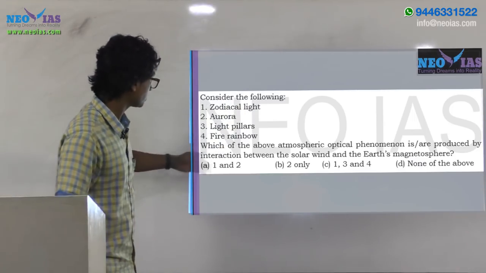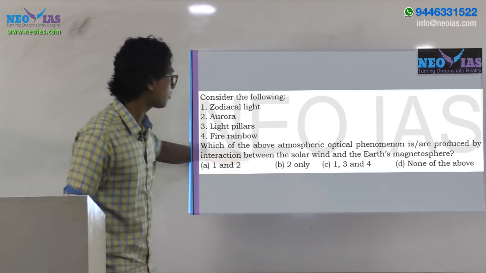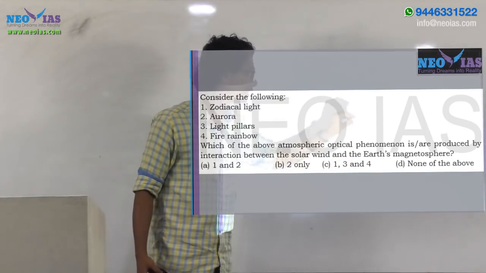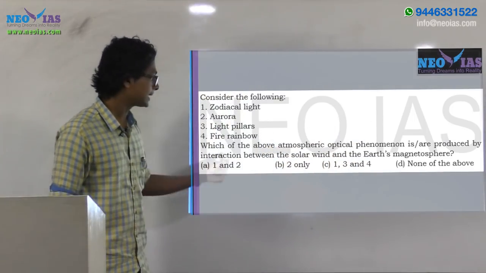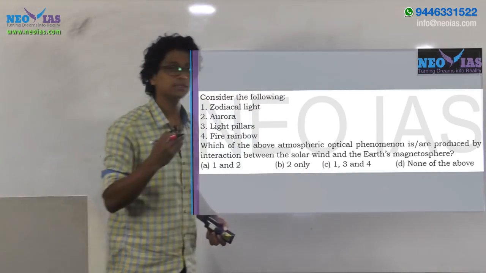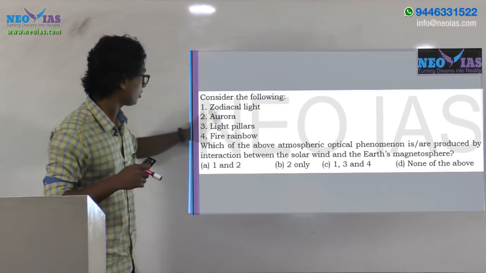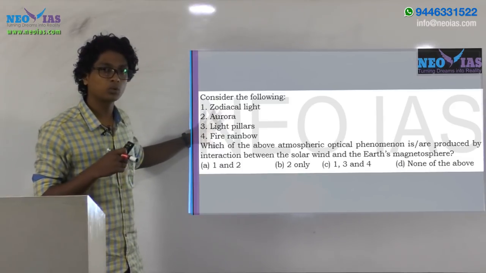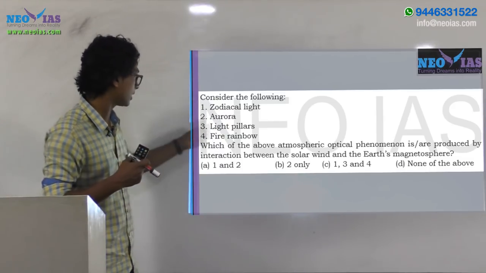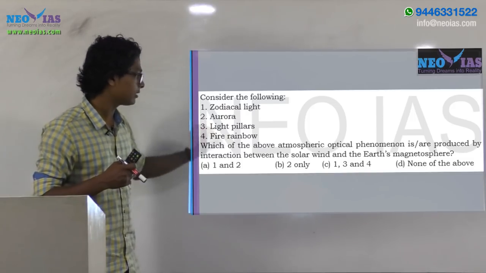So let's go through the options. 4 options have been given here. The question is, which of the above atmospheric optical phenomena is or are produced by the interaction between solar wind and the Earth's magnetosphere? Four atmospheric optical phenomena have been listed here: zodiacal light, aurora, light pillars, and fire rainbow.